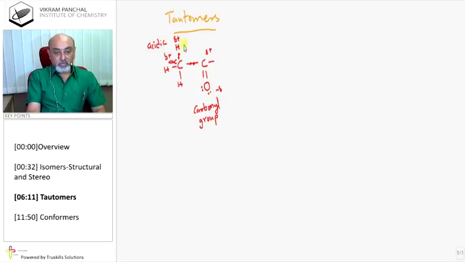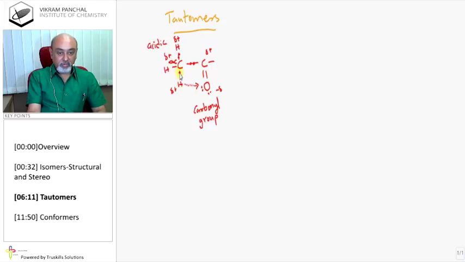So if any one of these hydrogens, either this or this, this positive hydrogen will shift to oxygen of carbonyl group, then it will go without electron.